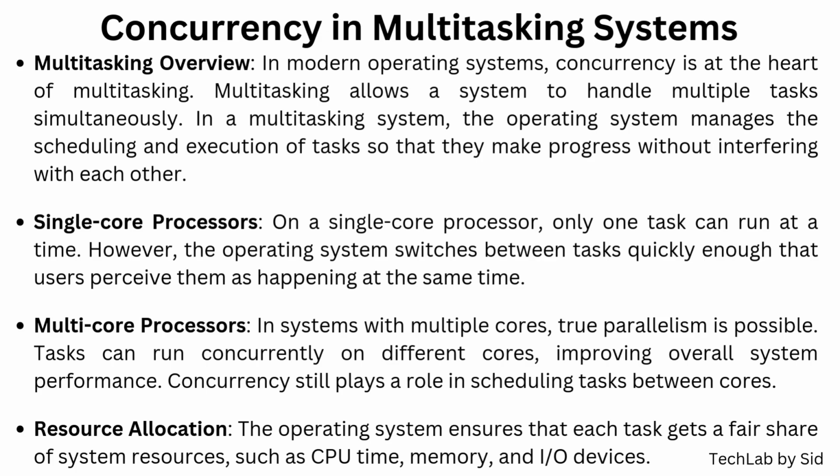Another critical aspect of multitasking is resource allocation. The operating system ensures that each task gets a fair share of resources like CPU time, memory, and input-output devices. This careful management helps maintain system stability and performance, preventing any one task from monopolizing resources and ensuring that all processes can run efficiently without affecting each other.